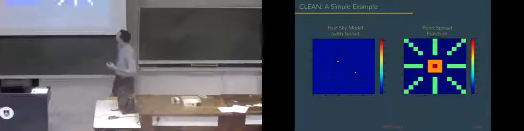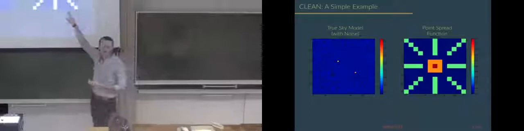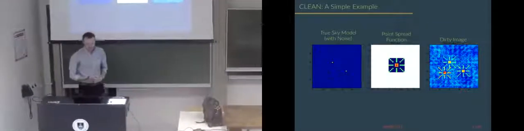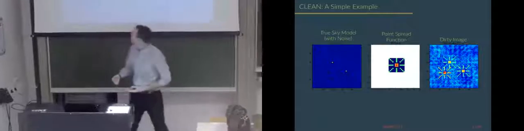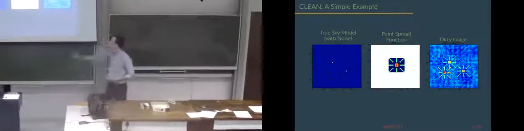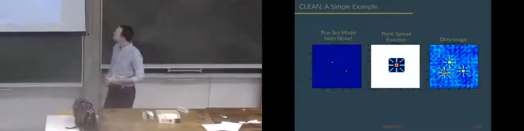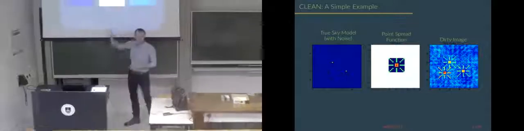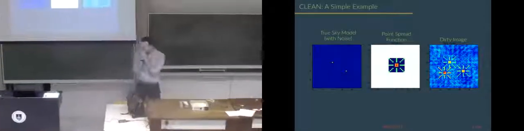And then say we have some array with some really ugly point spread function like this. This is a very simplistic model. So if we have those two things, we make our dirty image. Our dirty image looks like this. And you can quite clearly see that there's 3 points there, but they have this instrumental PSF effect, right?